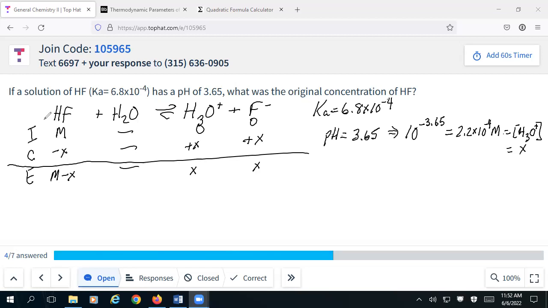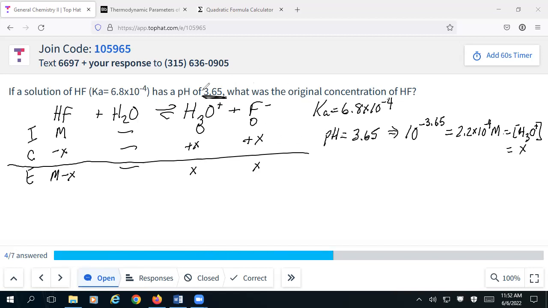Well, the thing that we have to look at is that pH value of 3.65 does give us some information. It does actually solve one of those variables there. And so one of the things I did is I gave my variable for the initial concentration a different letter, just so that it didn't get lost in the wash with all the other X's.